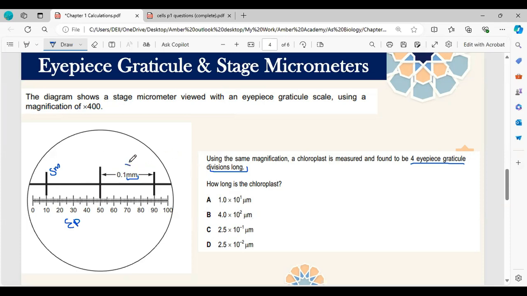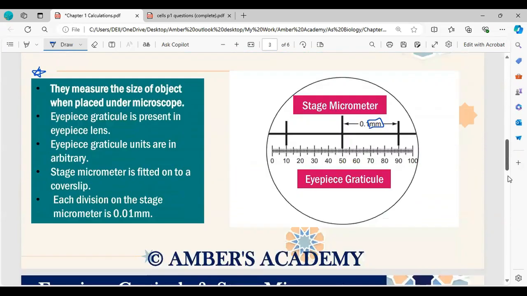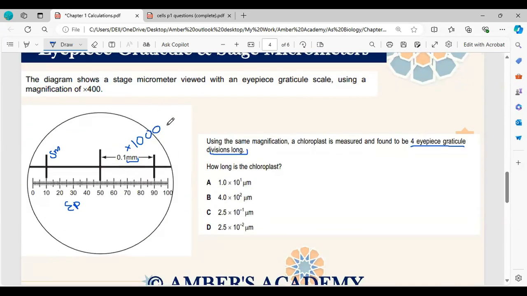It is multiplied by 1000. And you'll be unable to do this if you are not aware of this conversion. So in order to convert millimeters into micrometers, we multiply the magnitude by 1000, and then we'll get our answer.